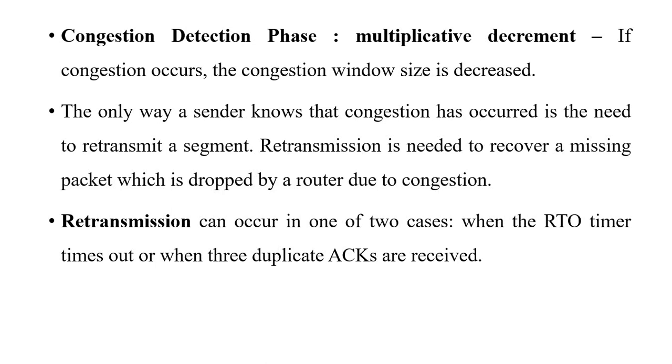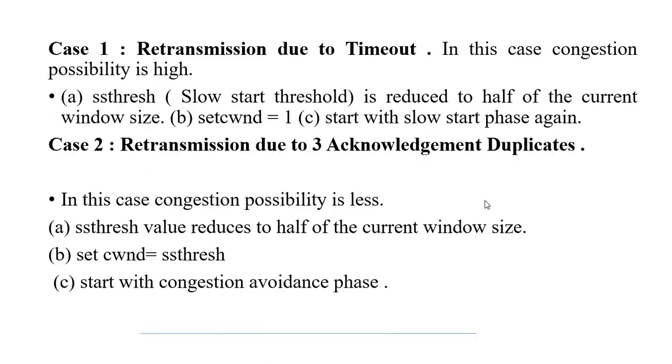In these circumstances we resend the same data packet which we already sent. In retransmission due to timeout, the congestion possibility is high, that is, the situation is very critical. The slow start threshold is reduced to half of the current window size, and we set the congestion window to 1 and start with the slow start phase again.